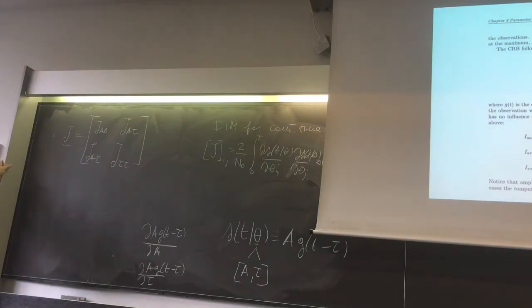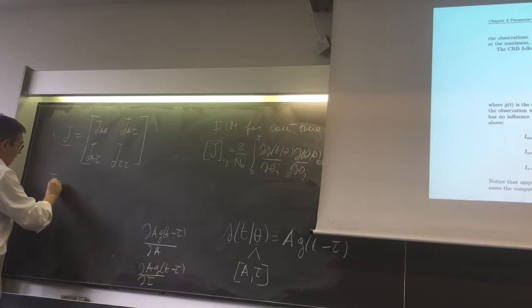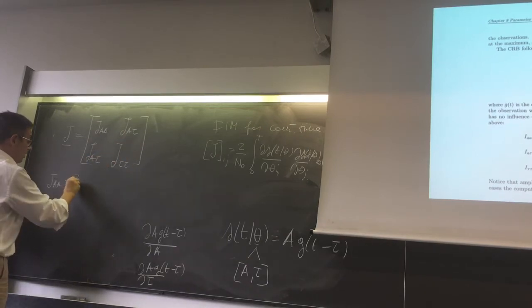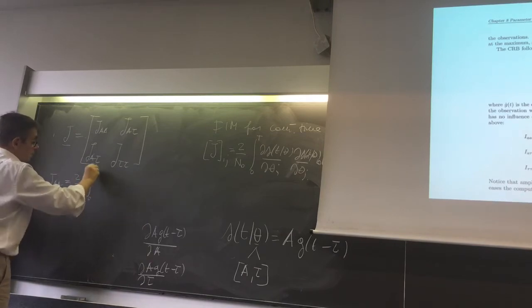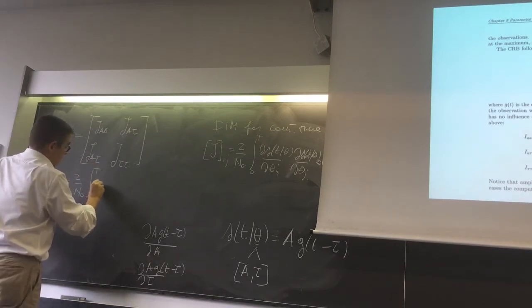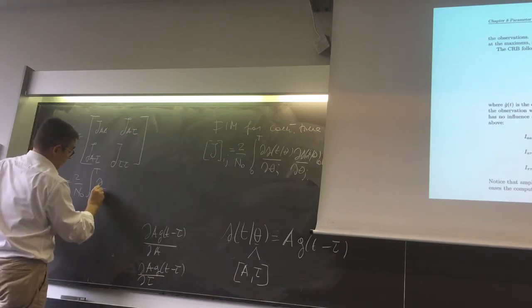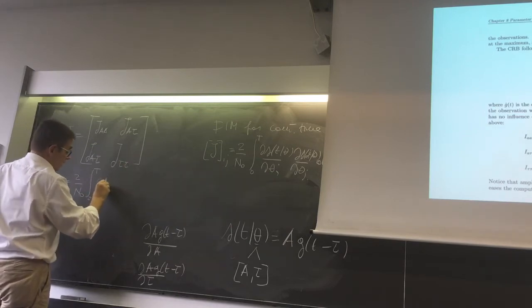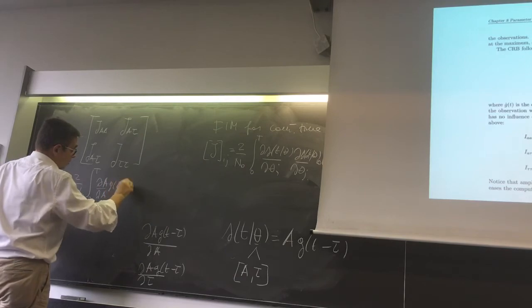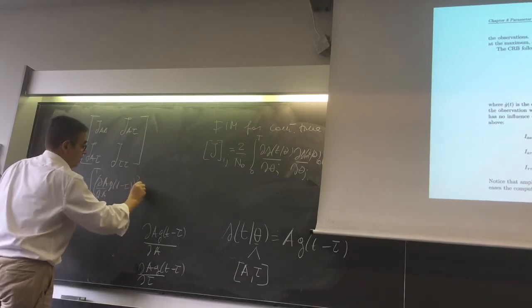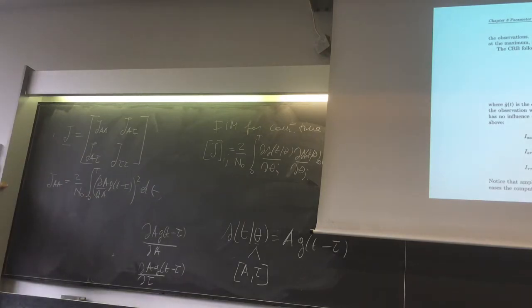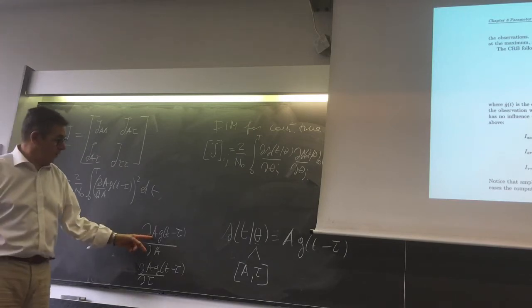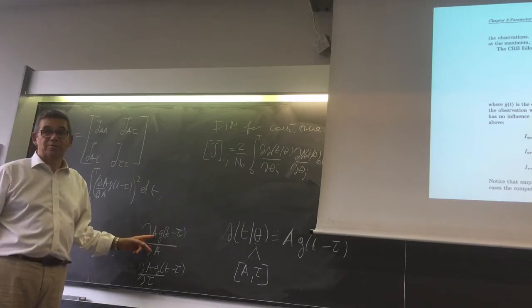If I need to compute J_AA, I start with the first one. I need to calculate 2 over N0, integral from 0 to T, of the derivative with respect to the amplitude of A g(t minus tau), multiplied by itself, squared, dt. What is the derivative with respect to A? It is g(t minus tau).